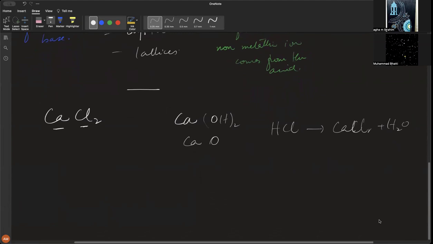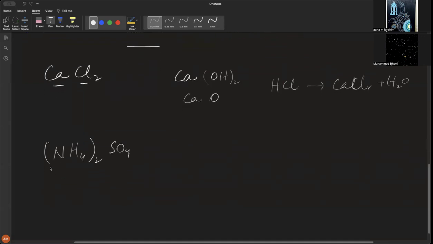Similarly, let's take an example of nitrates, because in our definition we also wrote about nitrates. So (NH4)2SO4. This is ammonium sulfate, right?